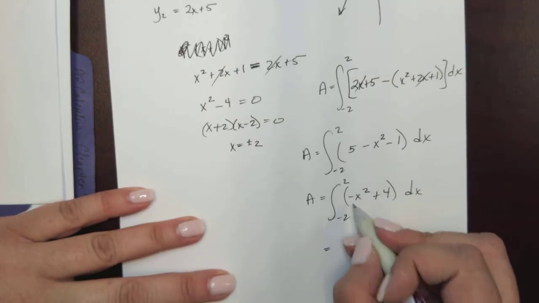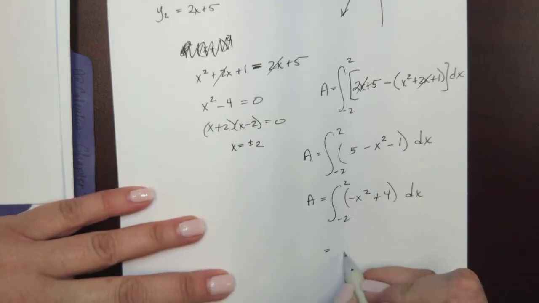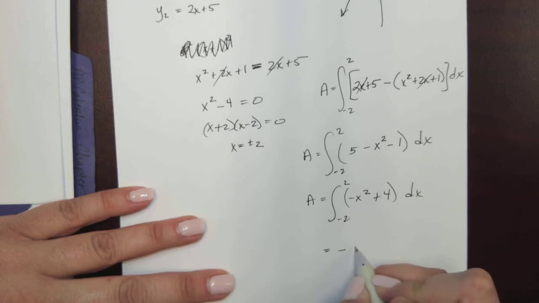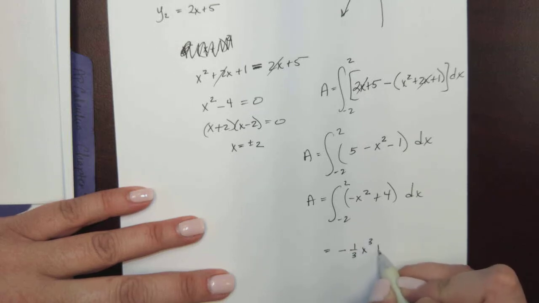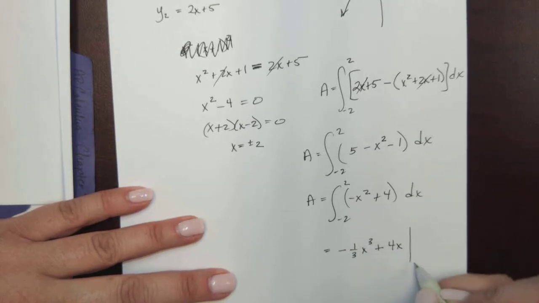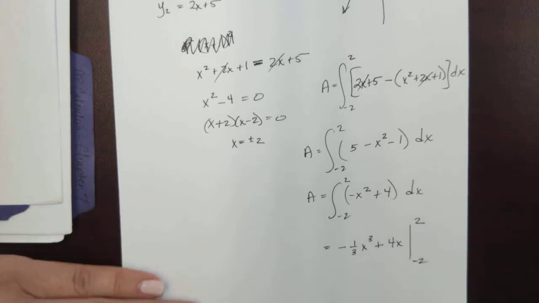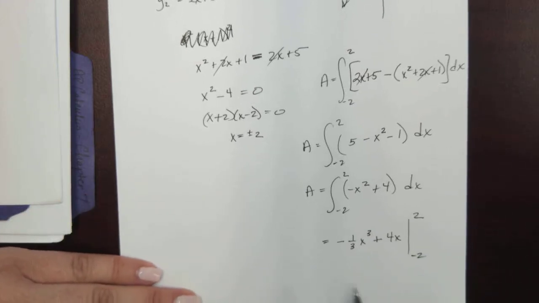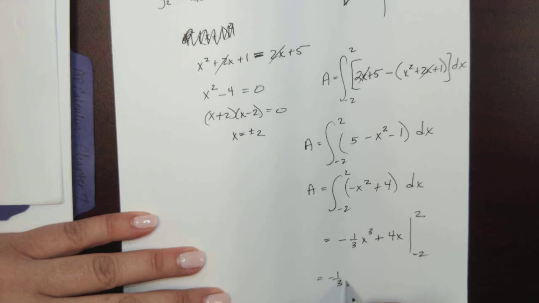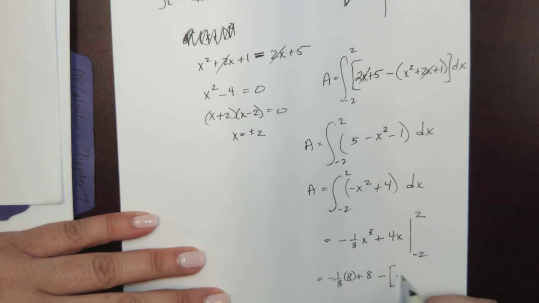So integrating, negative x squared is -1/3 x cubed, plus 4x, evaluated from -2 to 2. Okay, so that's -1/3 times 8 plus 8, minus -1/3 times -8 minus 8.